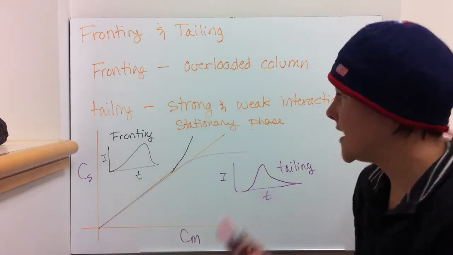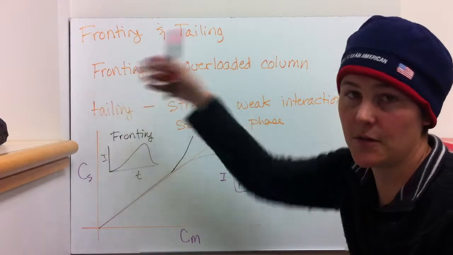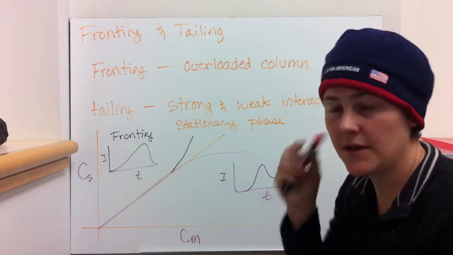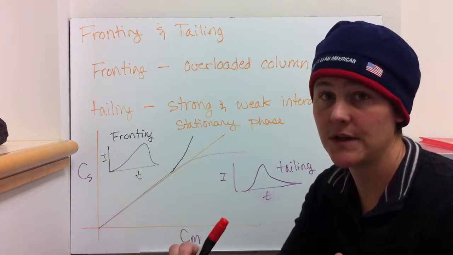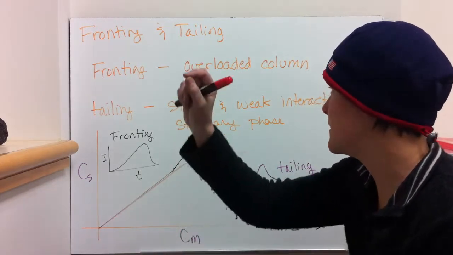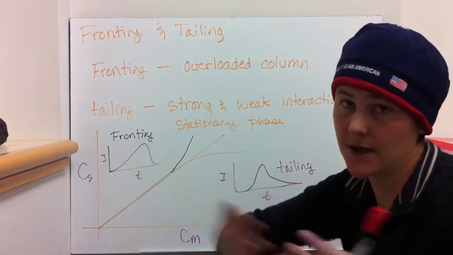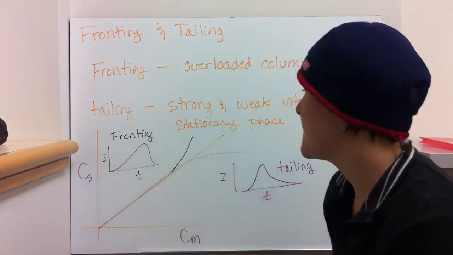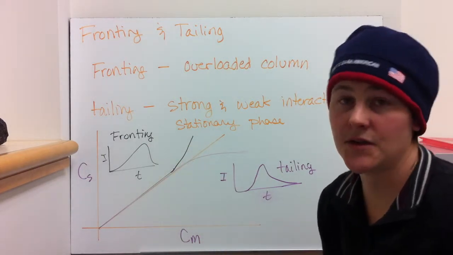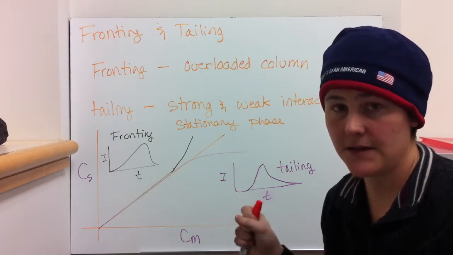And so when that happens, the portion of the solute that didn't interact as many times with the stationary phase is going to start to come out first because it didn't have time for those interactions. So it smears out your peak and broadens your peak, but mostly on the front end. For tailing, it's because there are differences in the strength of the interactions that your solute can have with the stationary phase.